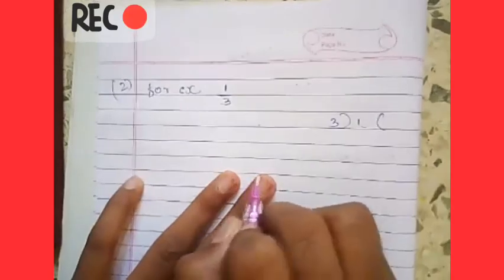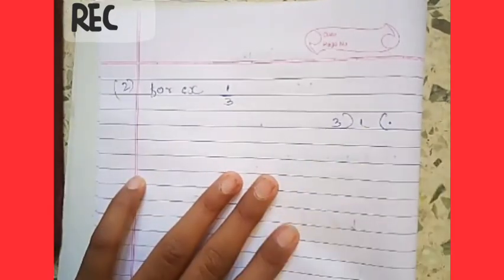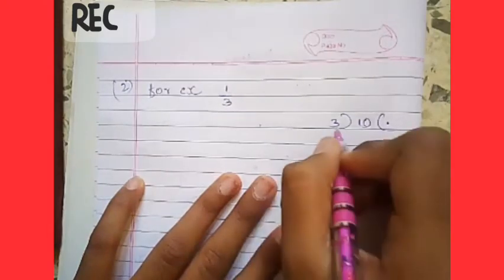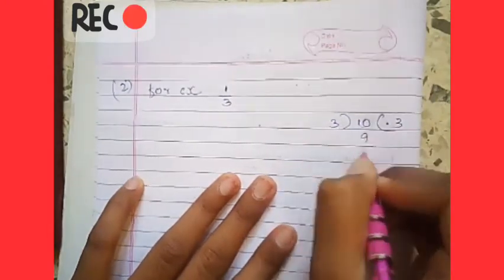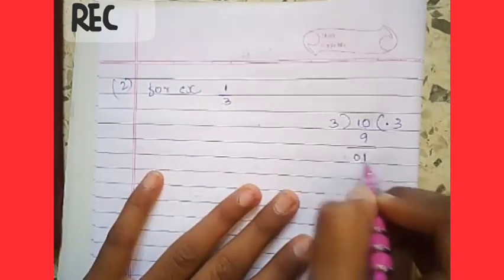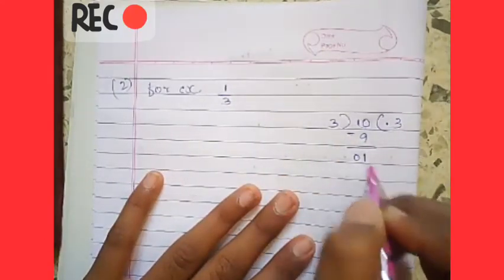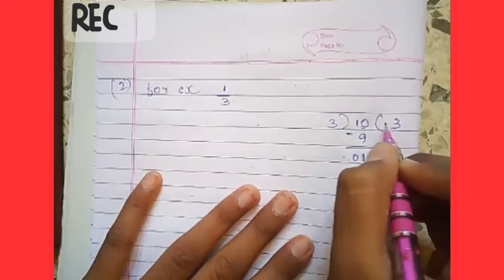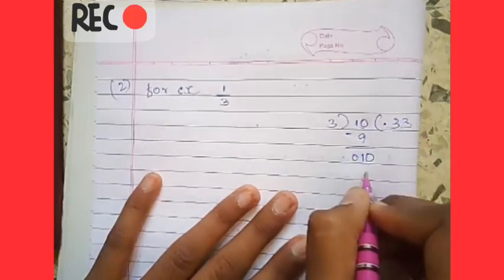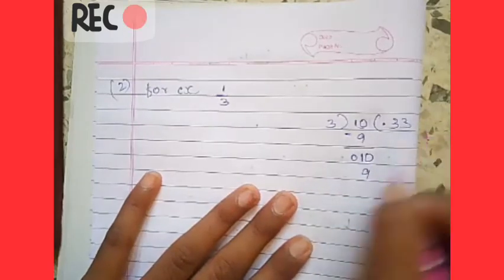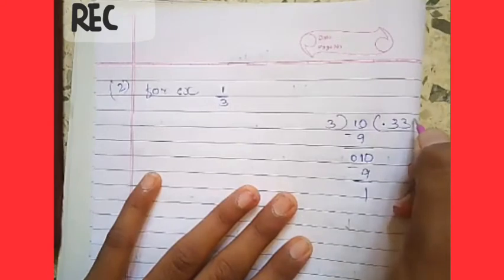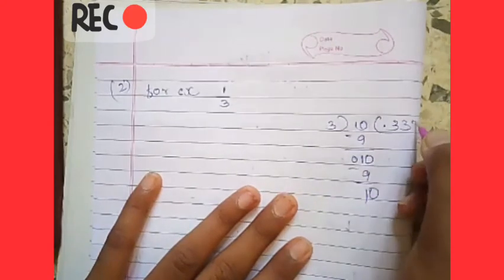We cannot divide this, so let's take the decimal point. Let's add 0. 3 3s are 9. Okay, 1 remains. If we subtract, 1 remains. Already the decimal point is here. Let's add 0. Then 3 3s are 9. Then subtraction, remainder 1 again. Then 3 3s are 9.